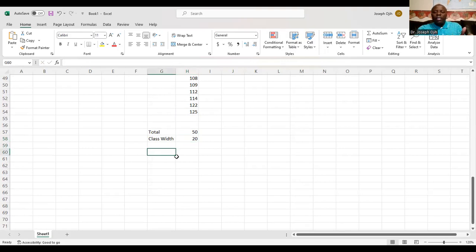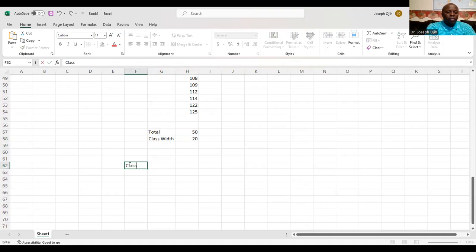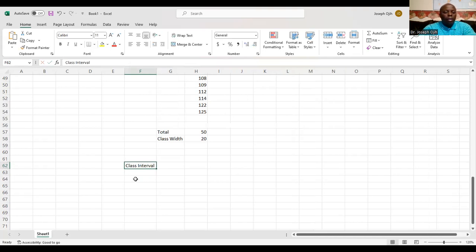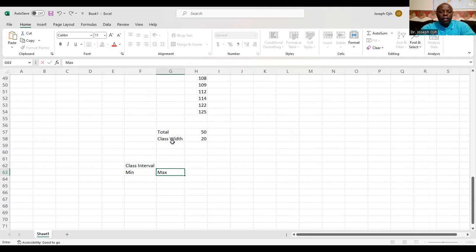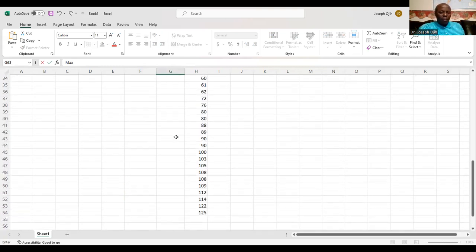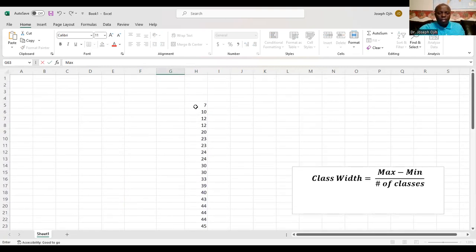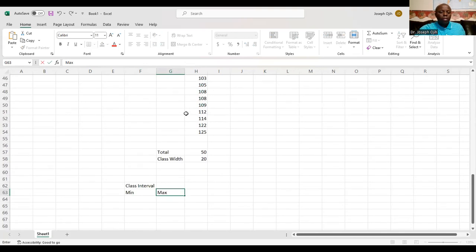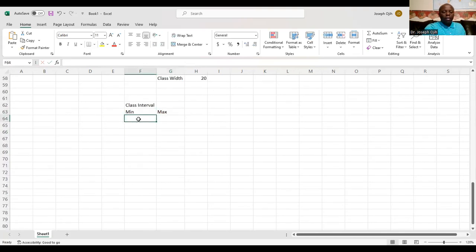Now with this, we can start a table. Class interval: we're going to have minimum, then maximum. For the minimum, the first one is 7, so you put 7 here.